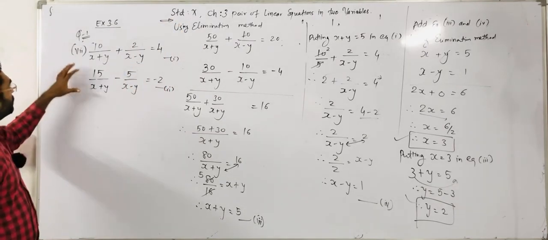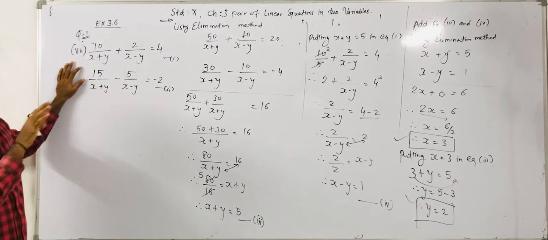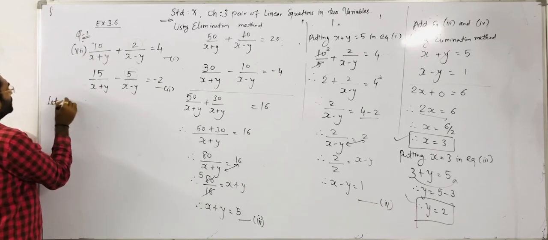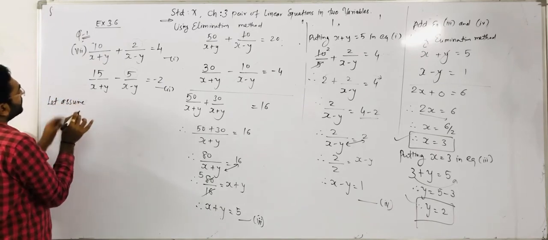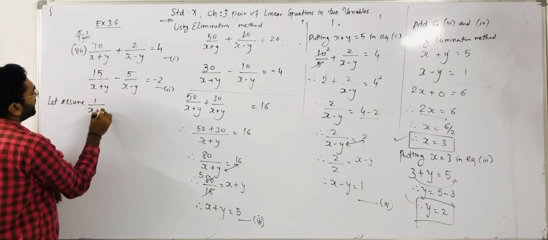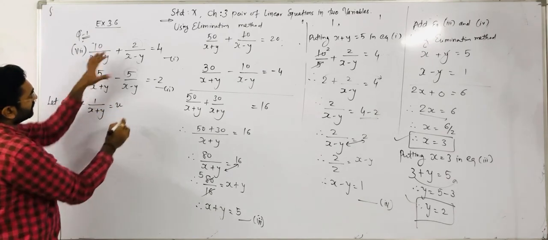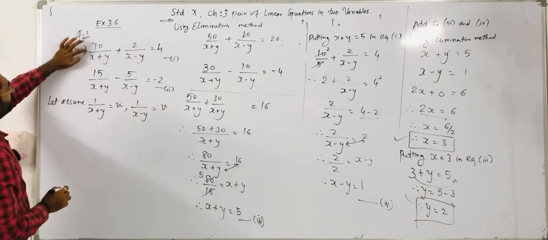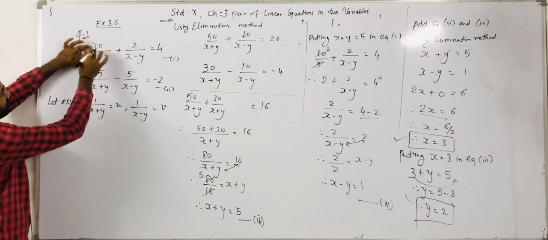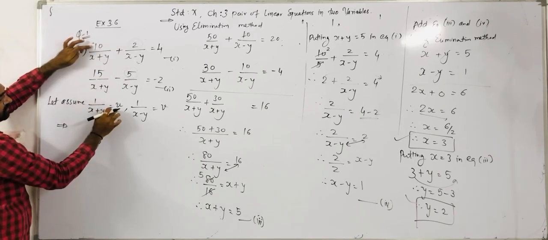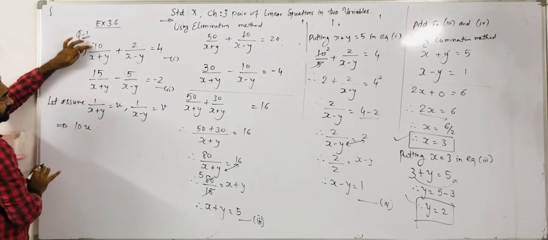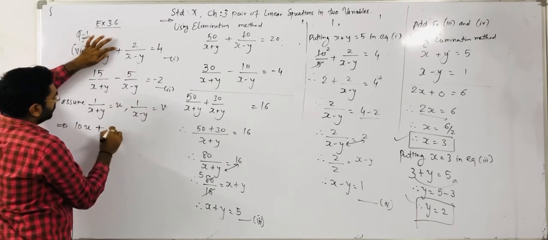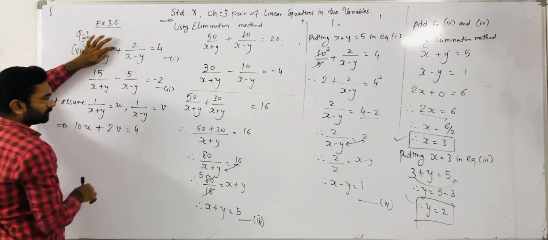Now, if you want to apply the method from questions 1 to 6, then after observing both equations, let's assume 1 upon x plus y is u and 1 upon x minus y is v. So the equation becomes 10 times u plus 2 times v, so 10u plus 2v is equal to 4.